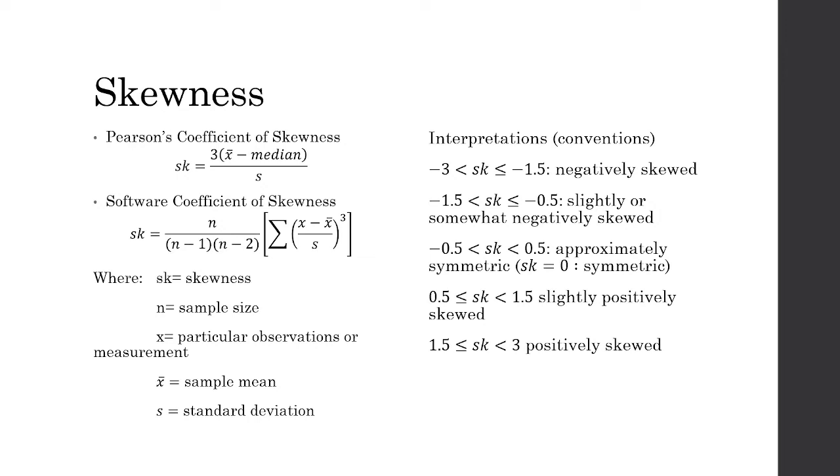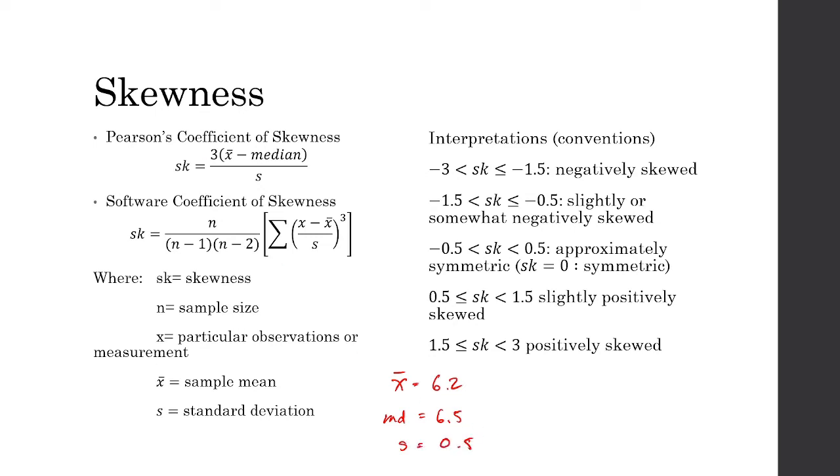So let's have an example. Say we have a mean of 6.2, then we have a median that is 6.5, and we have standard deviation which is equal to 0.5.